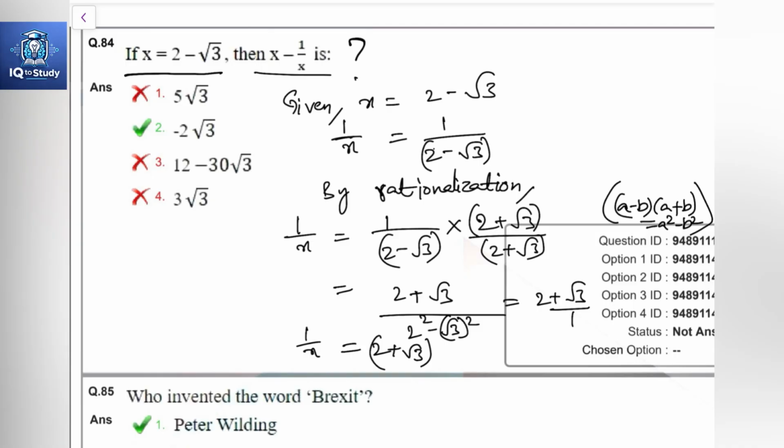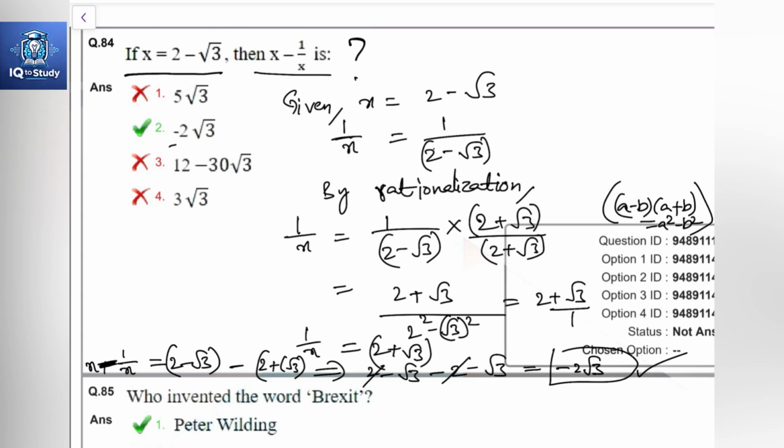So according to our question, x minus 1 by x is equal to 2 minus root 3 minus 2 plus root 3, which implies 2 minus root 3 minus 2 minus root 3, and 2 gets cancelled, and it is minus 2 root 3. So the answer is option number 2, minus 2 into root 3.